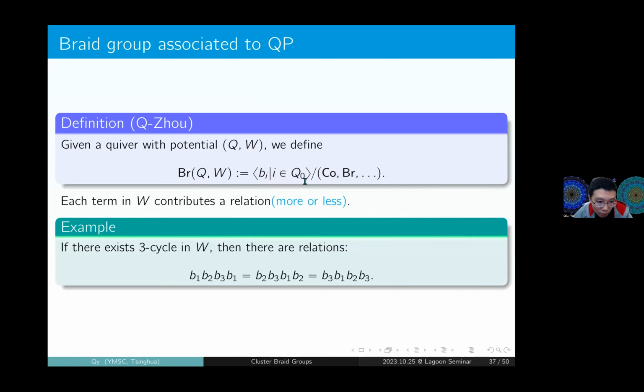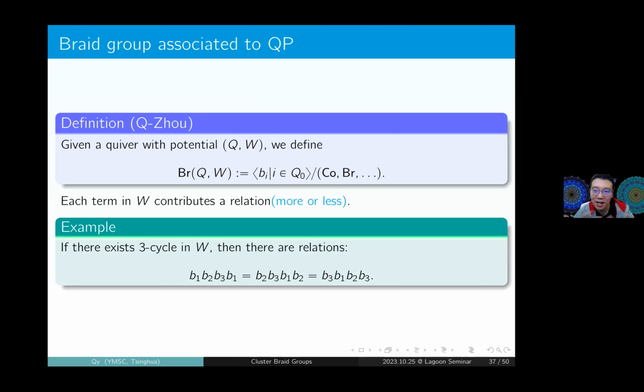For example, if you have a 3-cycle term in the potential, say 1 to 2 to 3, then the 3 generators B1, B2, B3 should satisfy a corresponding relation in the braid group. This is also known to topologists to some degree, but they don't know the potential in some sense.